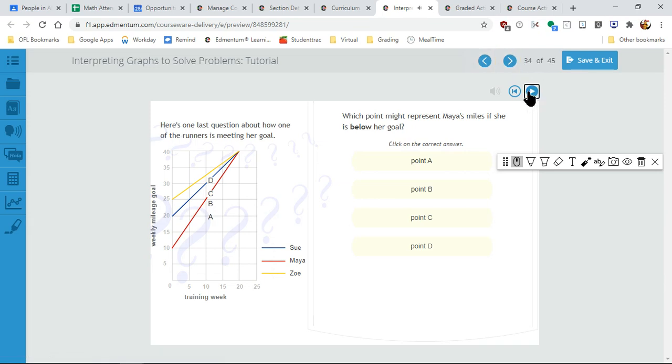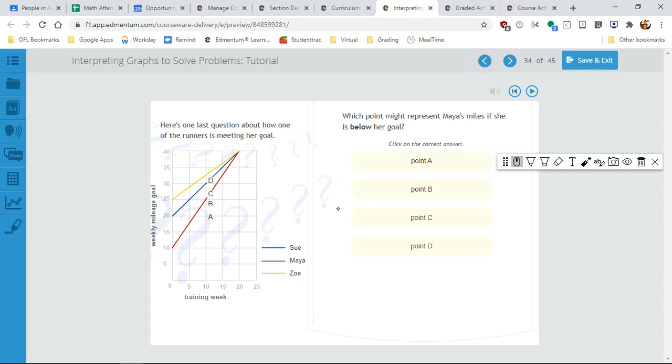So they're going to ask us one more question. Which point might represent Maya's miles if she is below her goal? They're showing us these points, and we're looking for something below the goal. I'm going to say it's either B or A that is below Maya's goal.